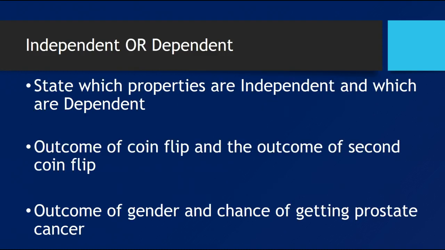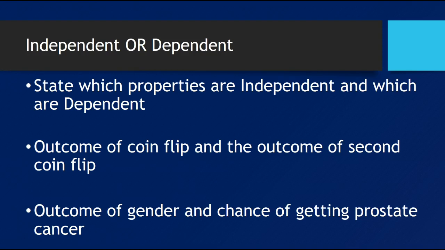So let's think about which properties are independent and which properties are dependent. Let's go to the coin flip example that I mentioned. Let's say we flip a coin 2 times. Now, the first flip is going to be 50-50, heads versus tails.